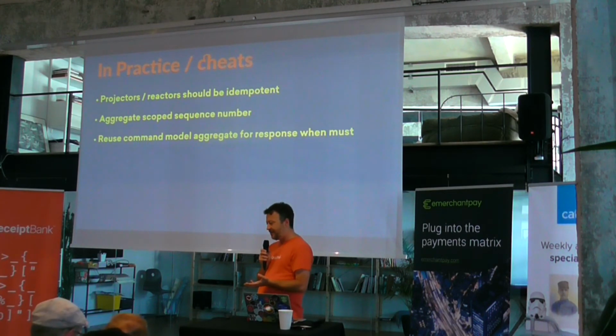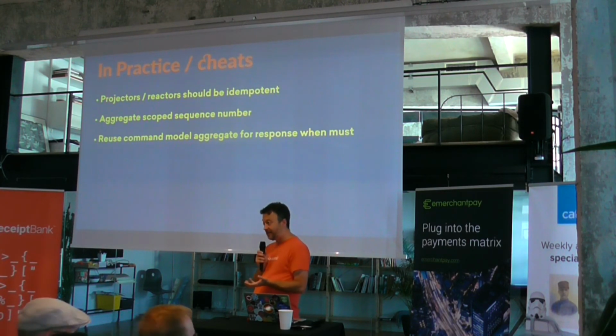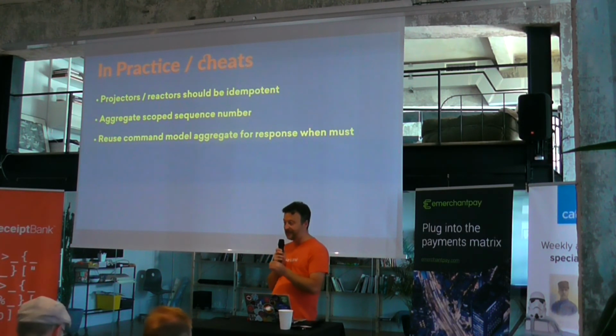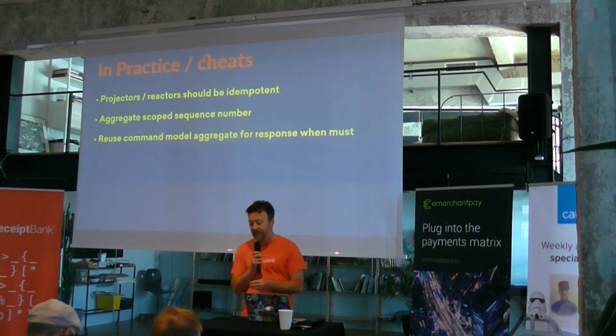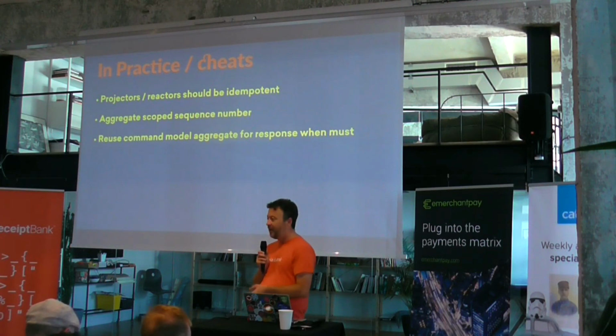In some cases, you can use this entity that you built or an aggregate and respond with its state if your client really expects some response. If you're on a green field, you should just say 202, go away, this is your ID.